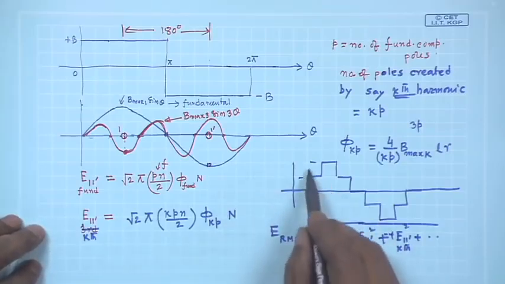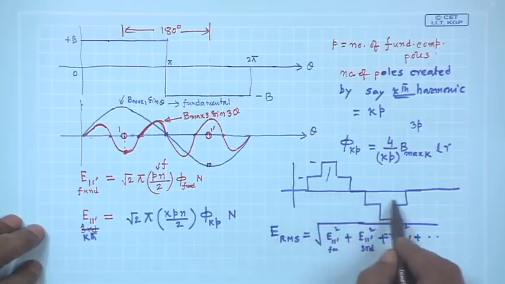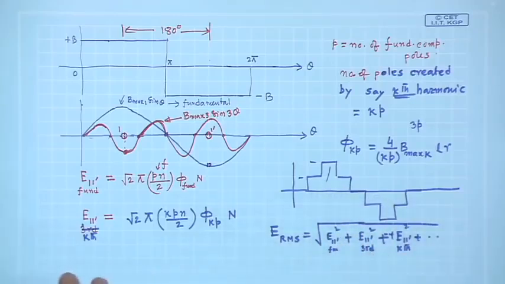If you know the B waveform, this RMS you calculate, this square wave, you will get that.